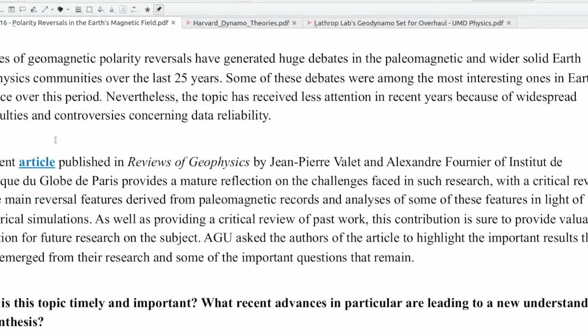Studies of geomagnetic polarity reversals have generated huge debates in the paleomagnetic and wider solid Earth geophysics communities over the last 25 years. Some of these debates were among the most interesting ones in Earth science over this period. Nevertheless, the topic has received less attention in recent years because of widespread difficulties and controversies concerning data reliability.